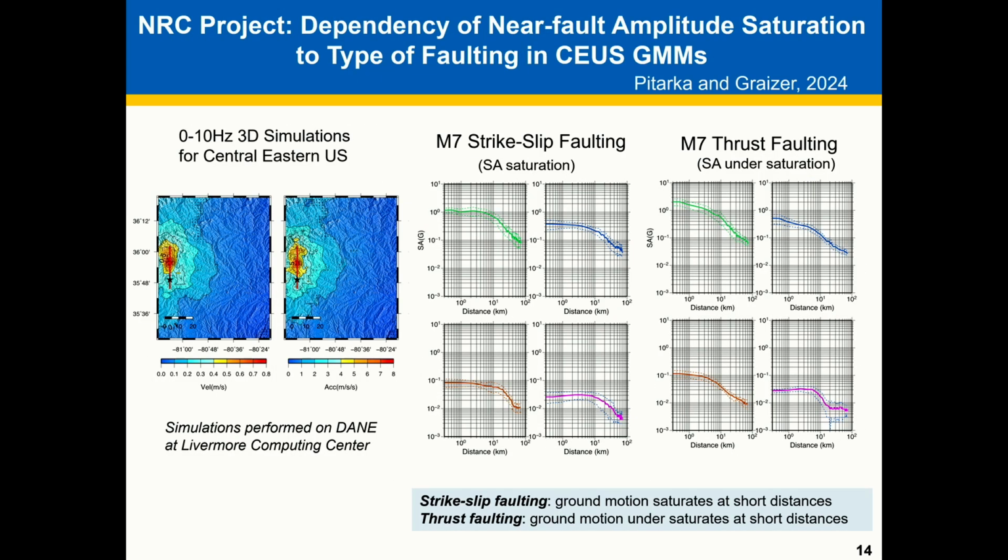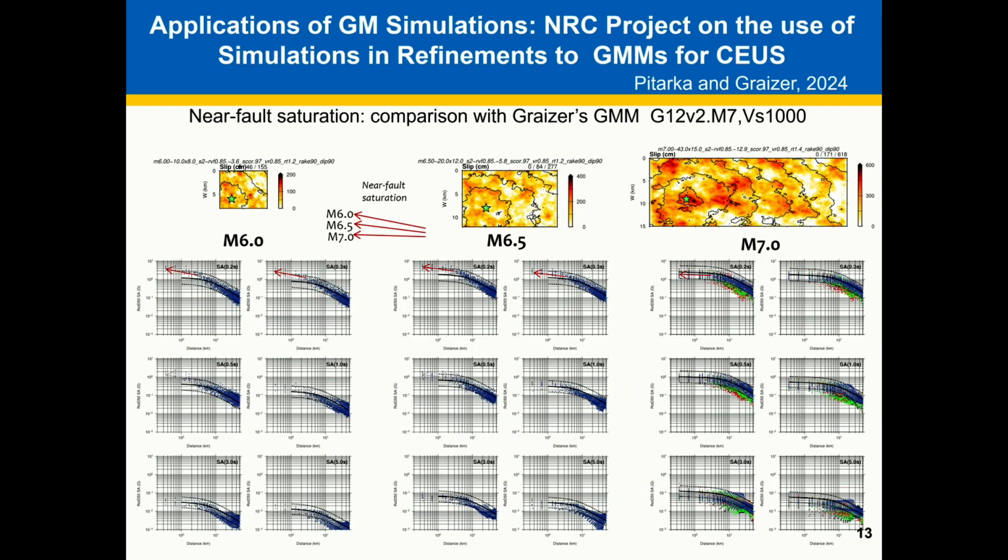The other thing, and I don't have enough time, is that we are also working with Vladimir Graizer at NRC to use simulations to improve the ground motion models that are developed for central US. As you know, there's a gap in this part of the country because we don't have large earthquakes. We don't have really good near-fault data.